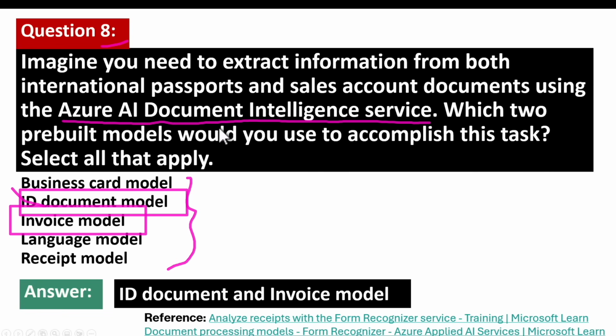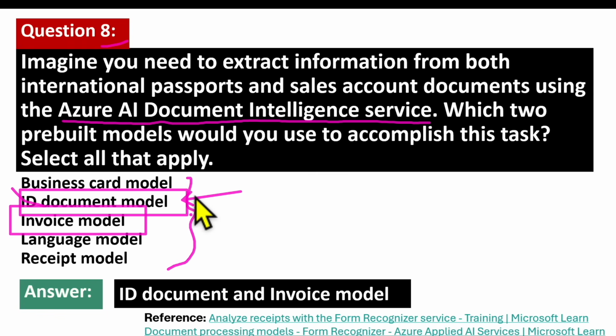And this Azure AI Document Intelligence Service offers some pre-trained models to do specific types of tasks for the document. A couple of things we have seen is the ID document model. So what does this ID document model mean? This particular model is optimized to analyze and extract key information from US driver's licenses and international passport biographical pages.